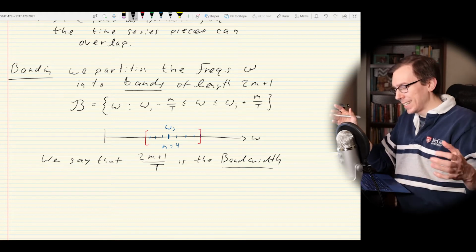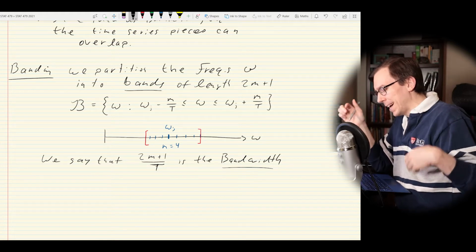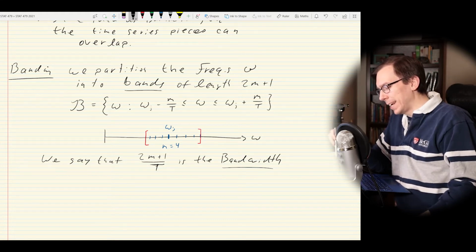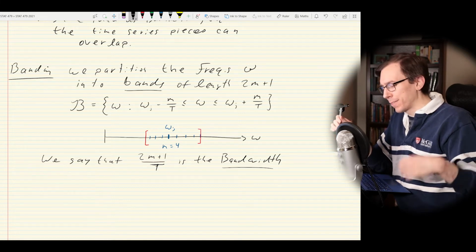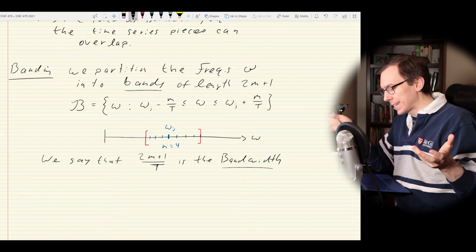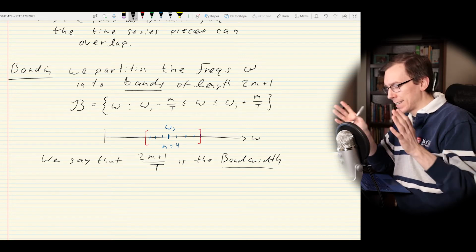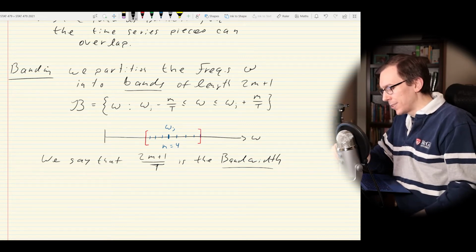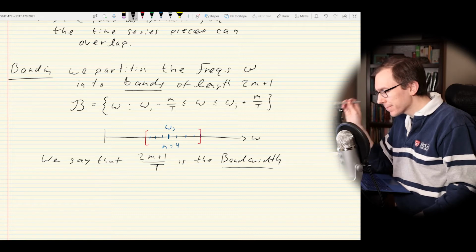In this case, literally, it is the width of the band. We're thinking of the frequencies as running all the way from 0 to 1, omega going from 0 to 1. So by dividing by T, it's the fraction of the unit interval that's captured by this little red bracket that I put in.